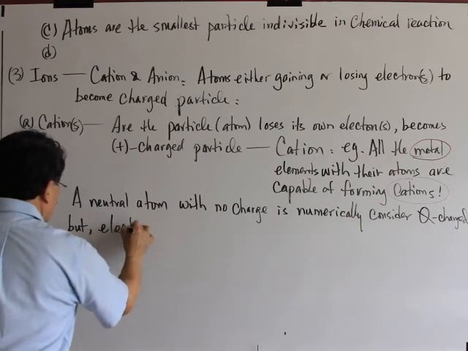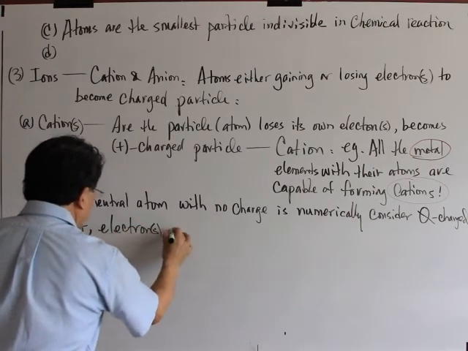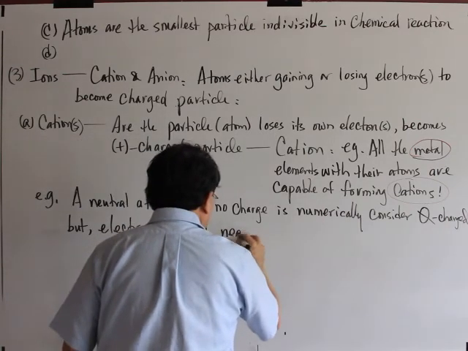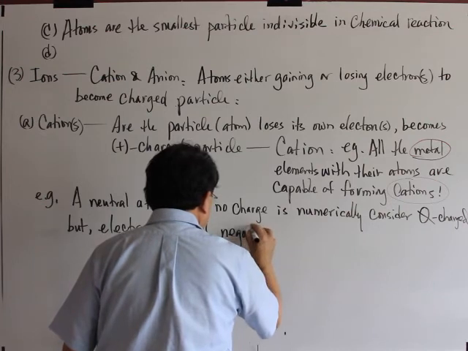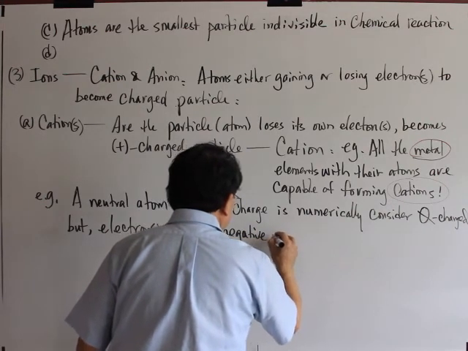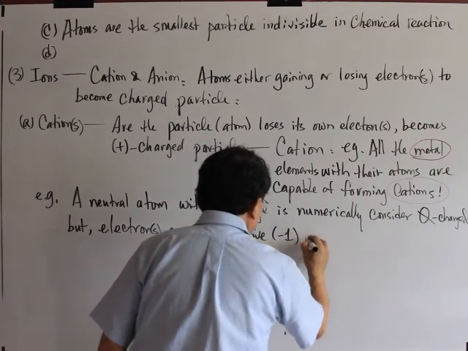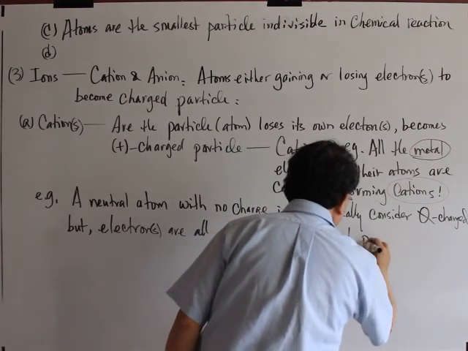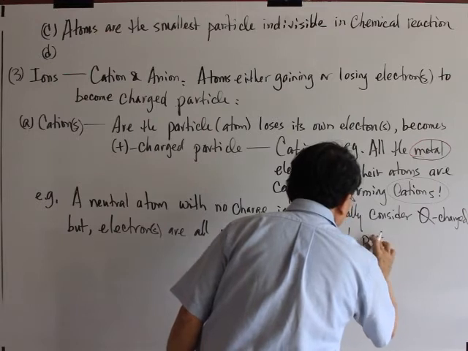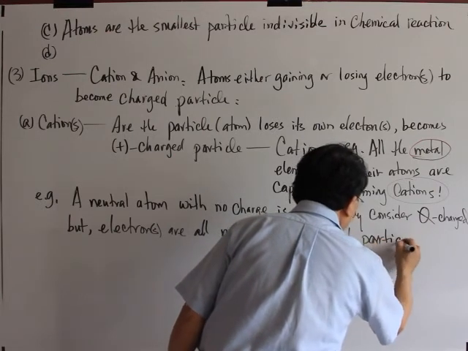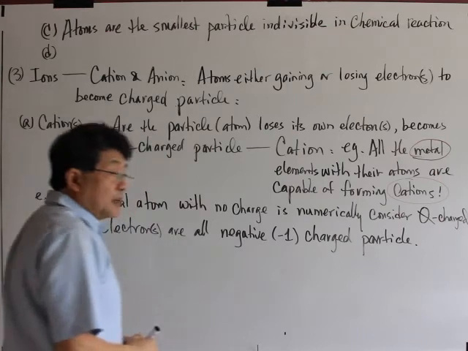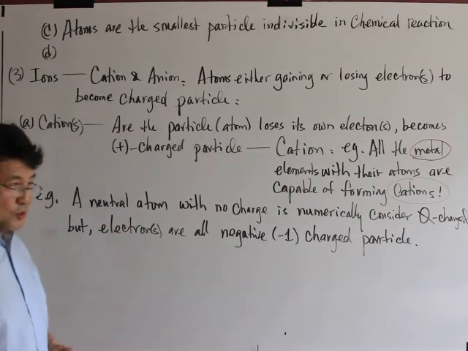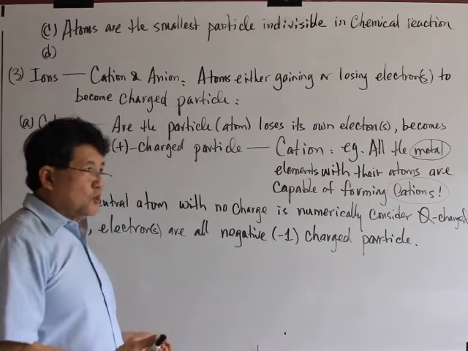But electrons are all negative one charged particles, right? We talked about subatomic particles: protons, positive one charge, and neutrons, zero charge.